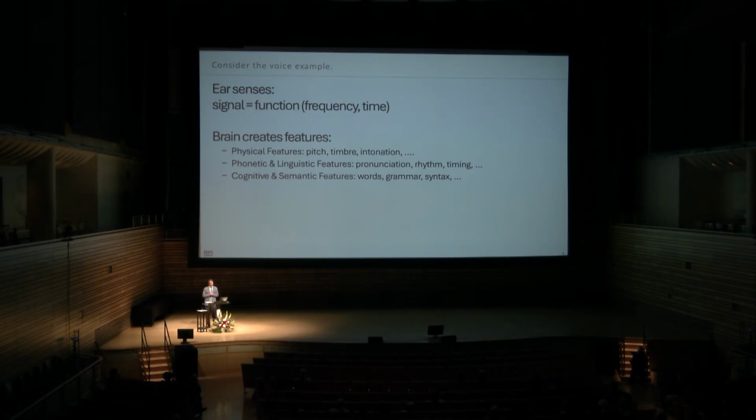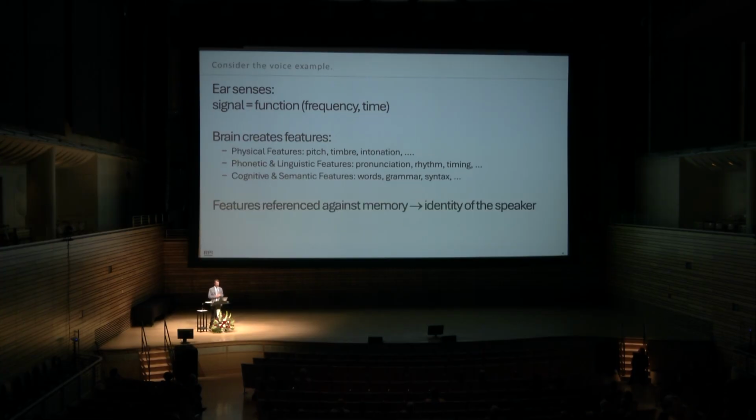I then hear phonetic or linguistic features, like the way they pronounce a word, the way they rhythmically speak. Maybe you might call those accents in some cases. And then also there are cognitive or semantic features, the words, the content, the meaning of what they say. So these go from microscopic to macroscopic: physical, phonetic, and cognitive.